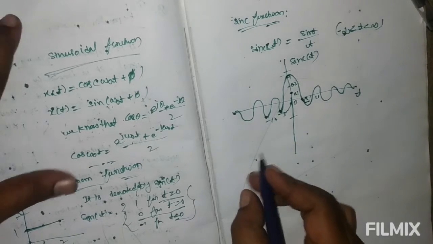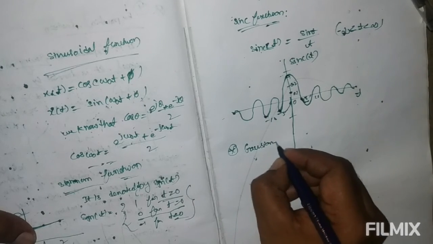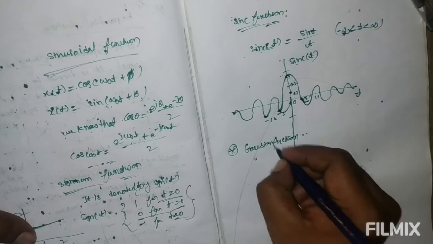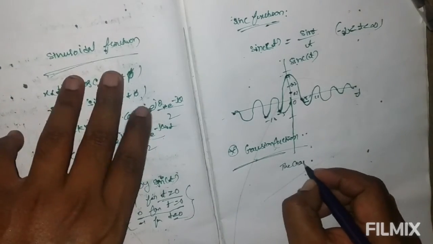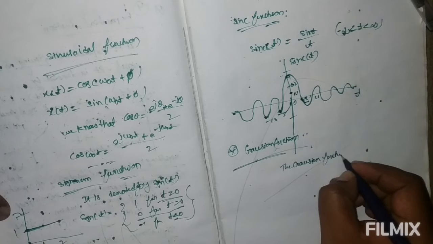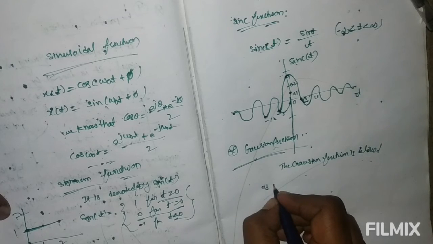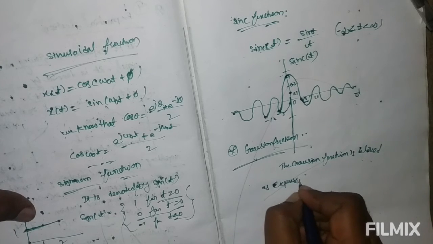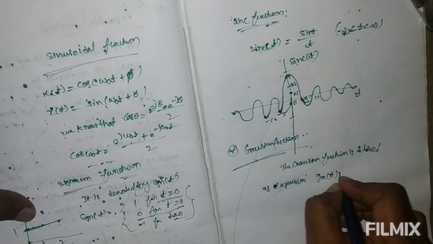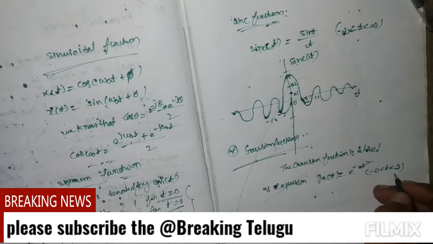Coming to the Gaussian function. The Gaussian function is defined by the expression g of t equal to e power minus a t square, for minus infinity less than t less than infinity.